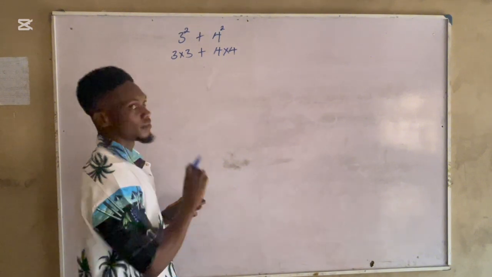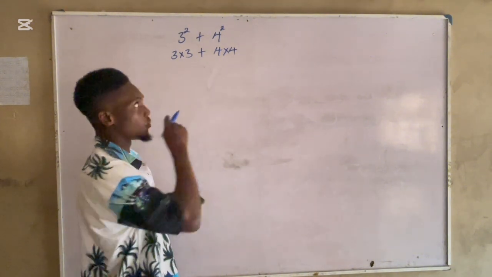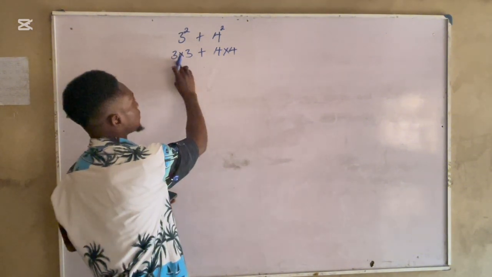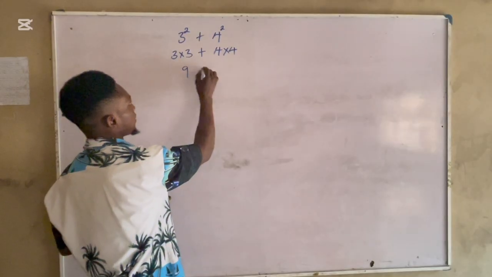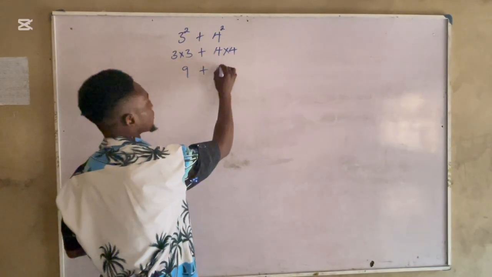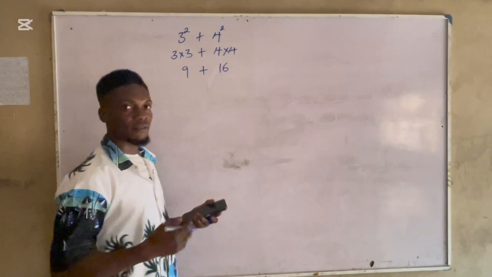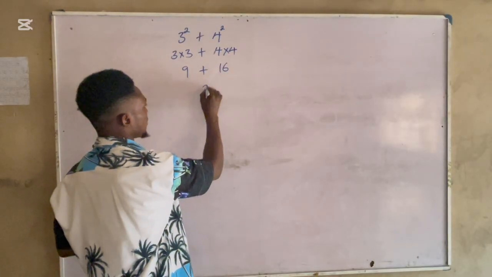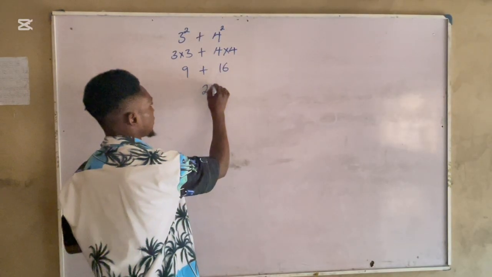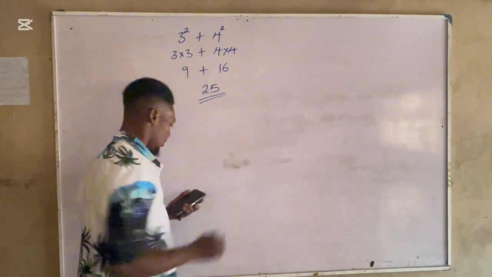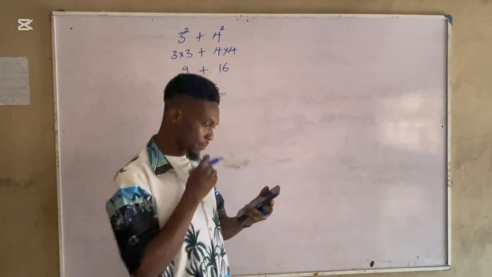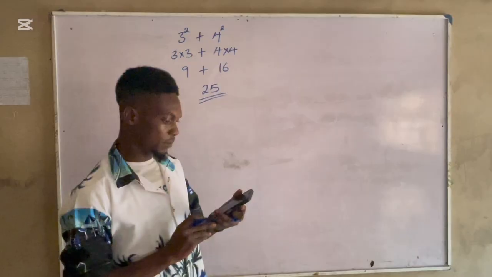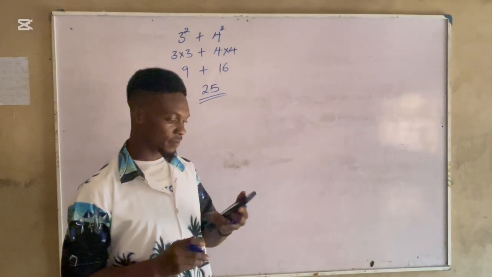And this will now take us to the simplest form of it. 3 times 3 is 9, plus 4 times 4 is 16. Finally, we can add 9 plus 16 is 25. So from the options we have here, the correct answer is B, that's 25.